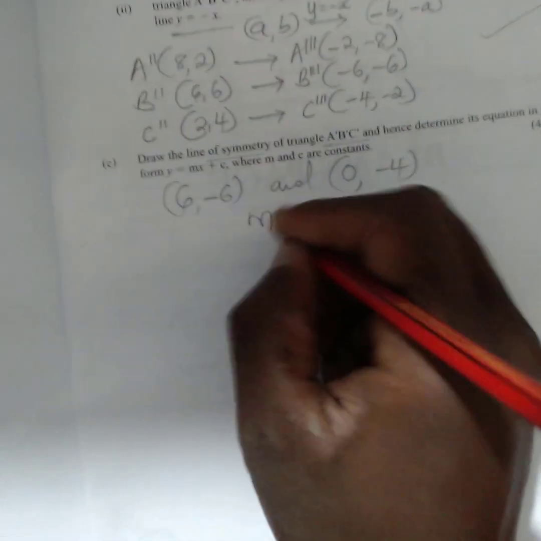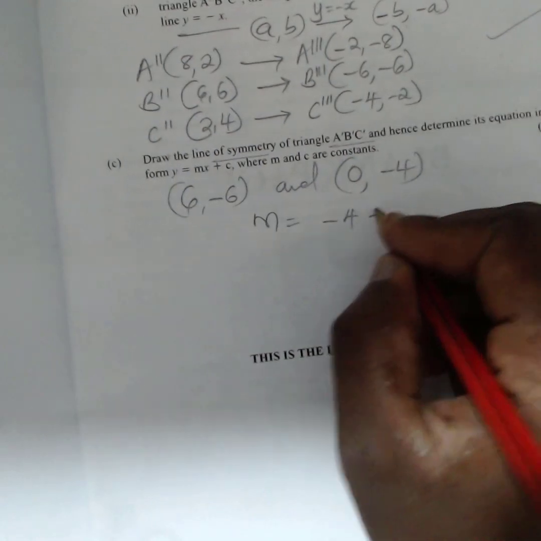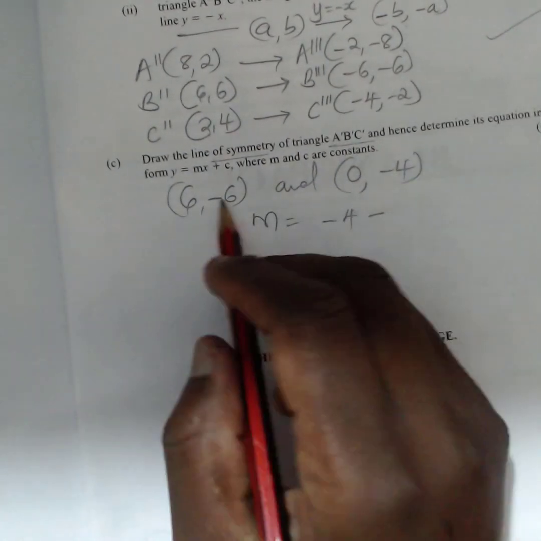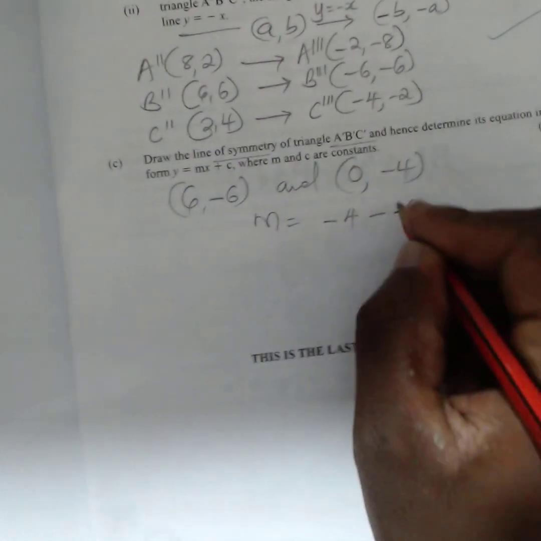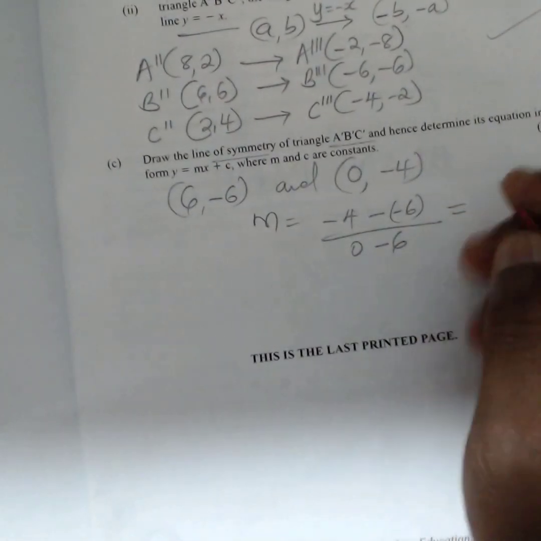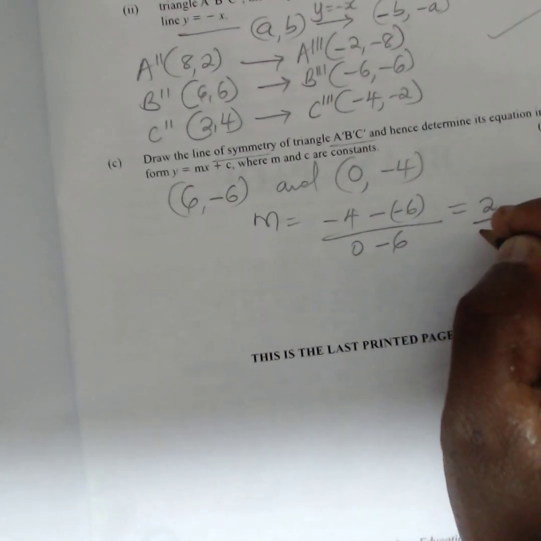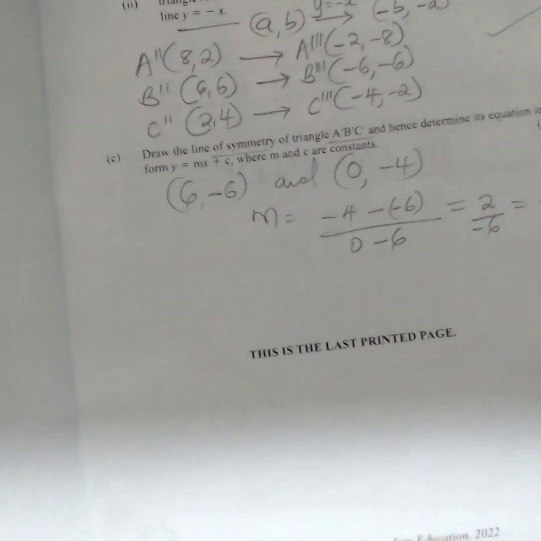You get the gradient, a change in y, that is negative 4 subtract negative 6, over the change in x, 0 minus 6. This will give negative 4 plus 6, which will give 2, divided by negative 6, and this one will give negative a third, and that is the gradient.